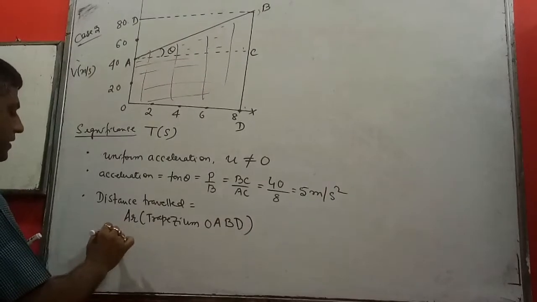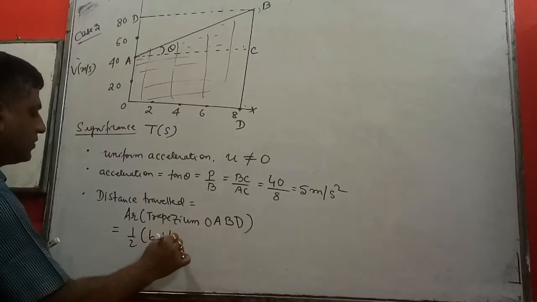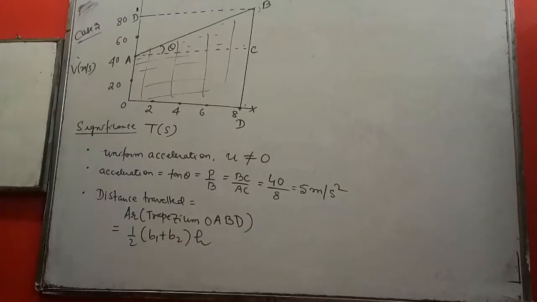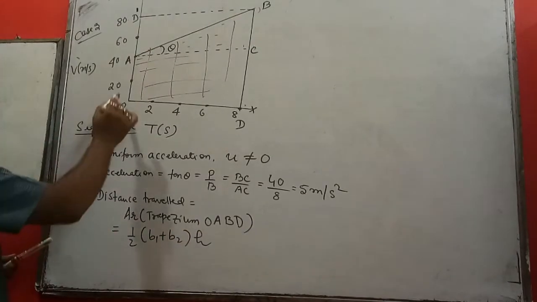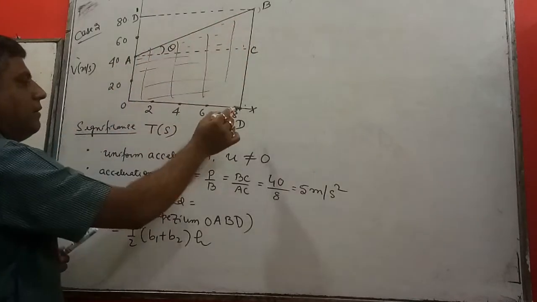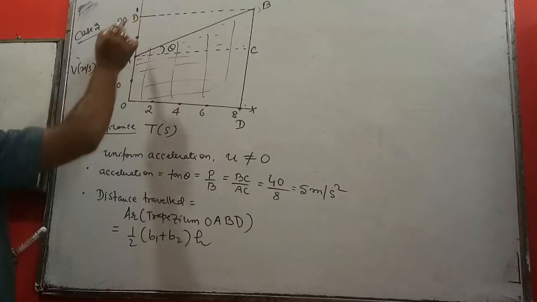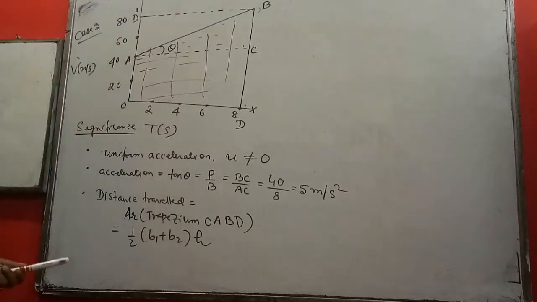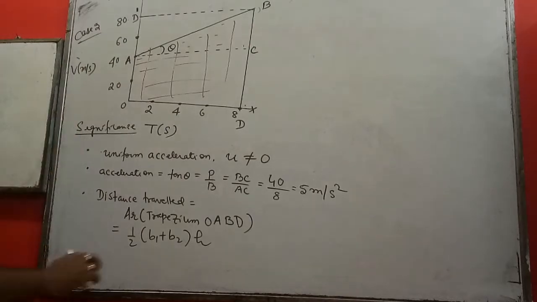Now children, you know the area of a trapezium is half, base 1 plus base 2, into height. So the area of trapezium OABD. Here I have written D, let it be D dash. Or you can write E also, I have not said any number.